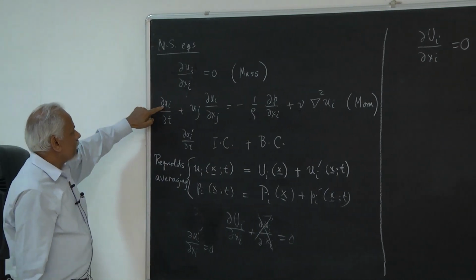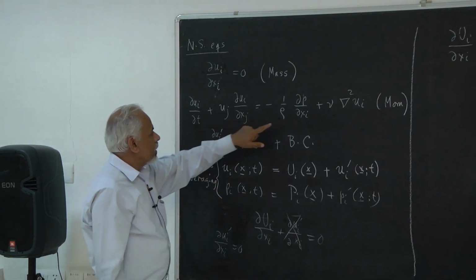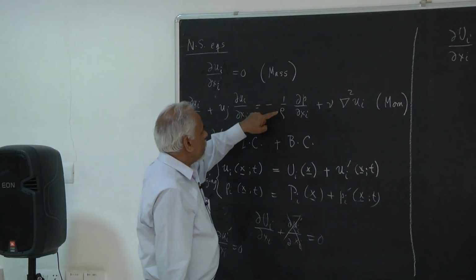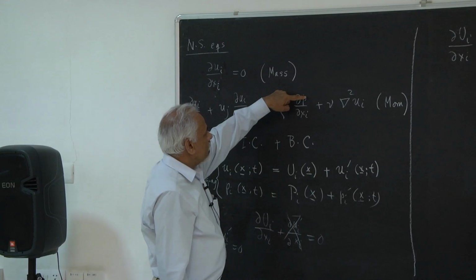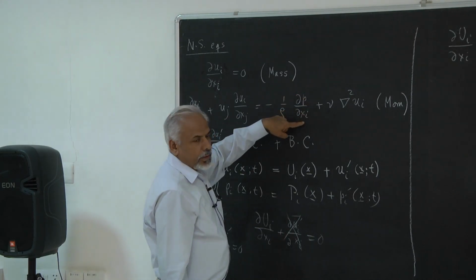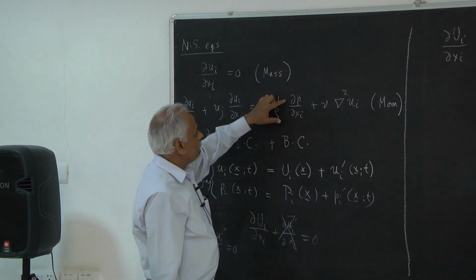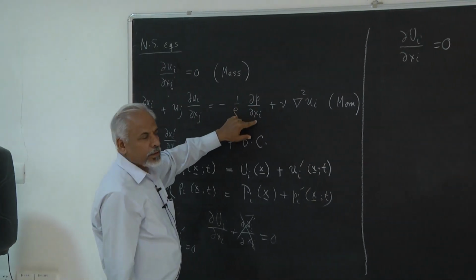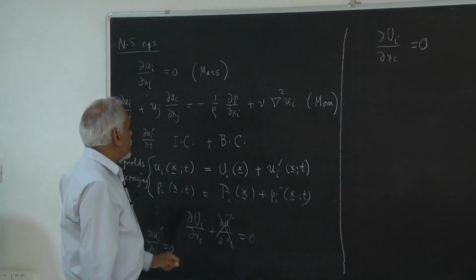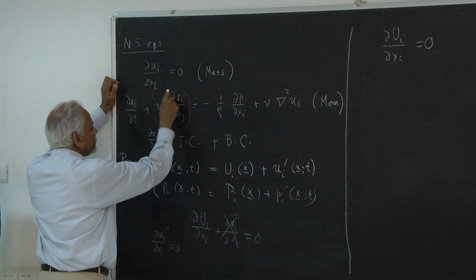So I will simply get for this term dui'/dt. Now, and this is very easy again, 1 over rho dP/dxi plus dp'/dxi, and if you average it, p' vanishes, and I simply have d/dxi of capital P. And similarly that.